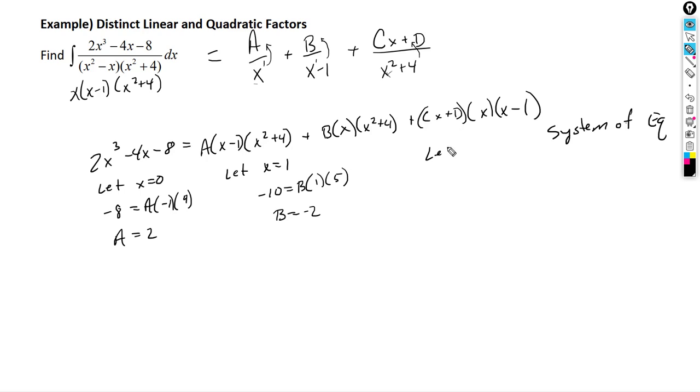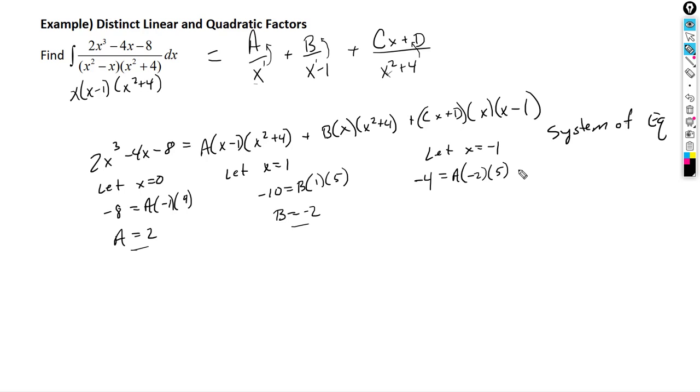I'm going to let x be -1. If x is -1, it's a small number, and then that will leave my a's and b's there, but then I can plug in my a's and b's because I already know the value of them, right? So let's do that. Again, I'm going to save some space. So this is -1, so that's -2, plus 4 is 4, 4 minus 8 is -4, equals a times -2 times 5.